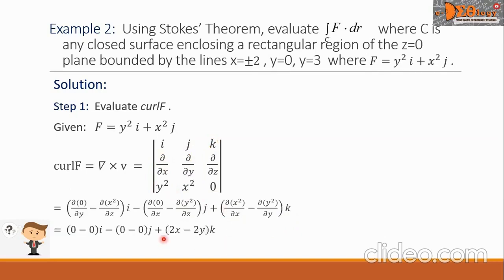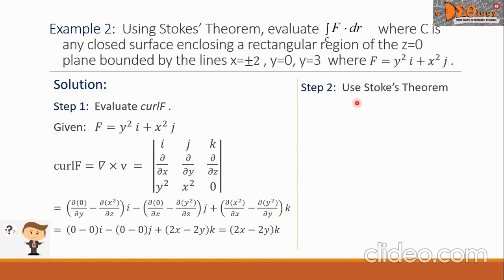Simplifying this, we have the quantity 0 minus 0 multiplied by i minus the quantity 0 minus 0 multiplied by j plus the quantity 2x minus 2y multiplied by k. Because of the zeros, this expression is now simplified into the quantity 2x minus 2y multiplied by component k.